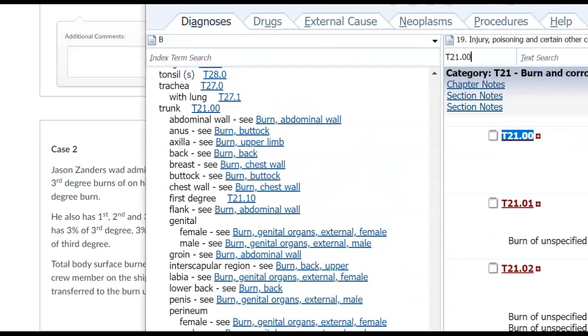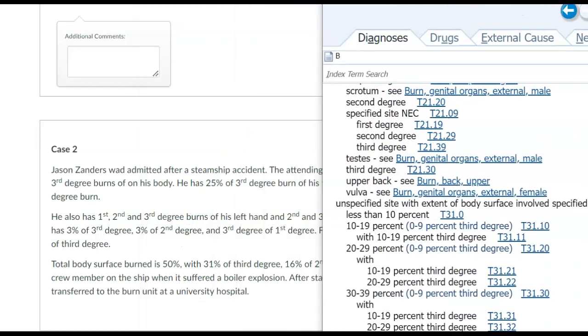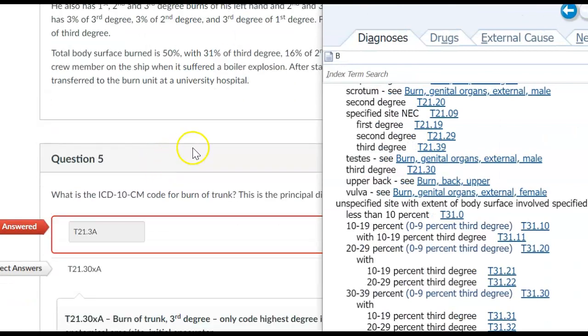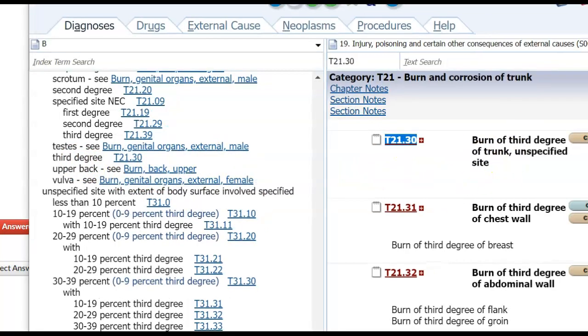Okay, so we know that it's 3rd degree, so I hit burn trunk. I want to go down to 3rd degree, which is T21.30. So let's look to see. We have T21.3A. So once again, I just think you're not looking far enough, or maybe not double checking in your tabular.